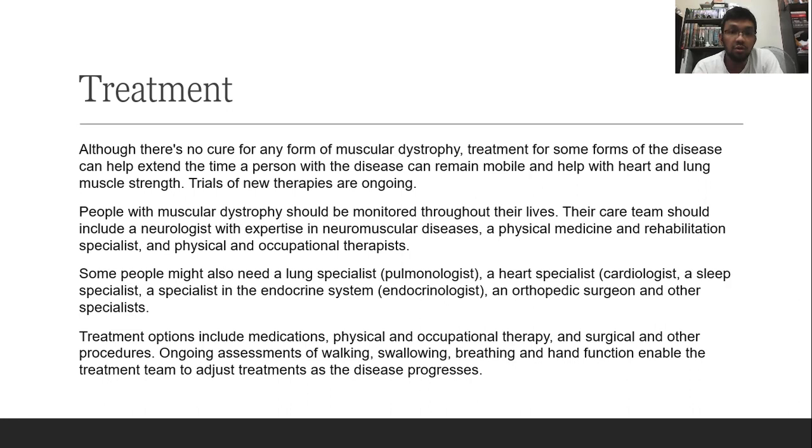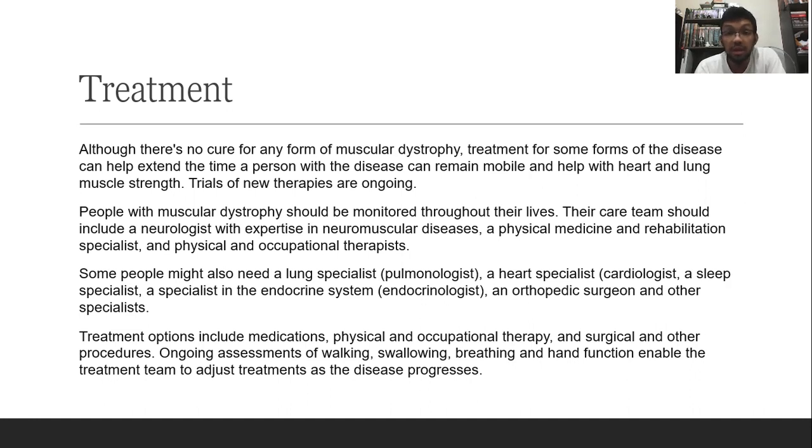Their care team should include a neurologist with expertise in neuromuscular diseases, a physical medicine and rehabilitation specialist, and physical and occupational therapists as well.